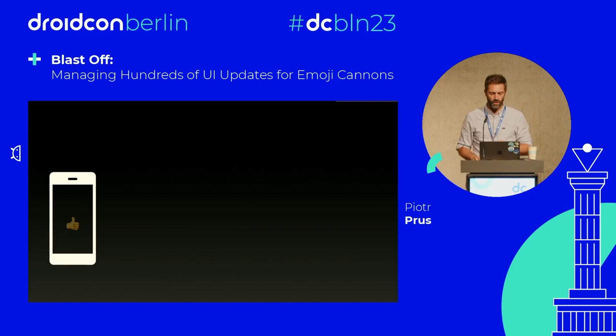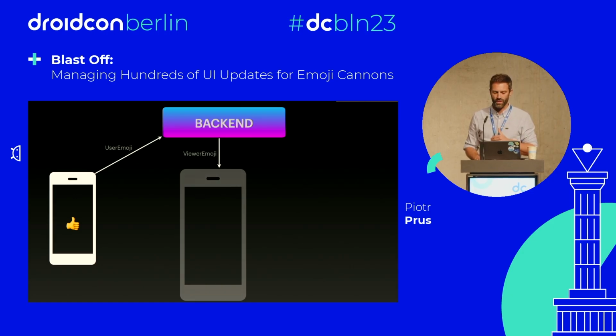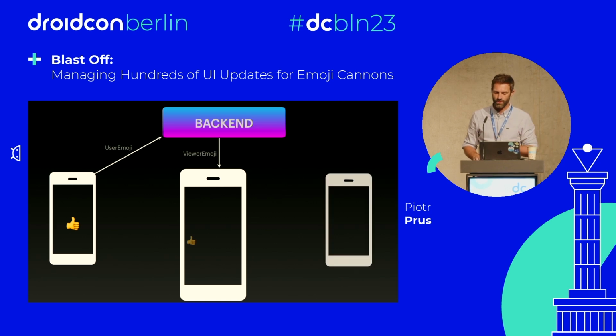We are sending one emoji from the user's phone. It goes to the backend, and at this moment, this is just our user emoji. Then from the backend, it comes to our phone as a viewer emoji, and we display it, for example, on the left side of the screen. But then there is another user, and they can also fire some emoji at exactly the same moment.